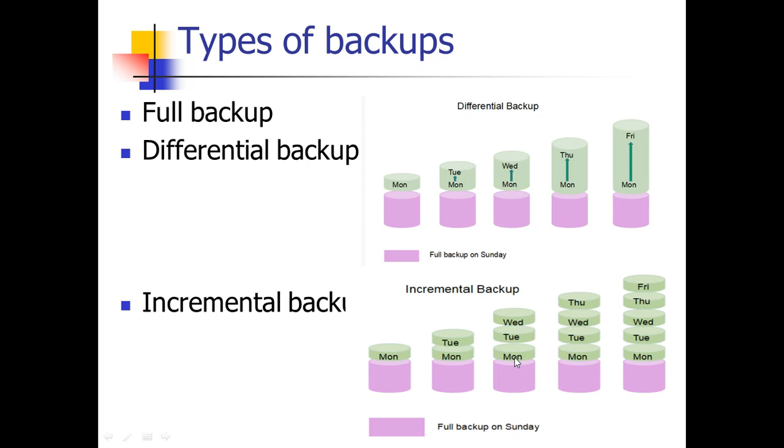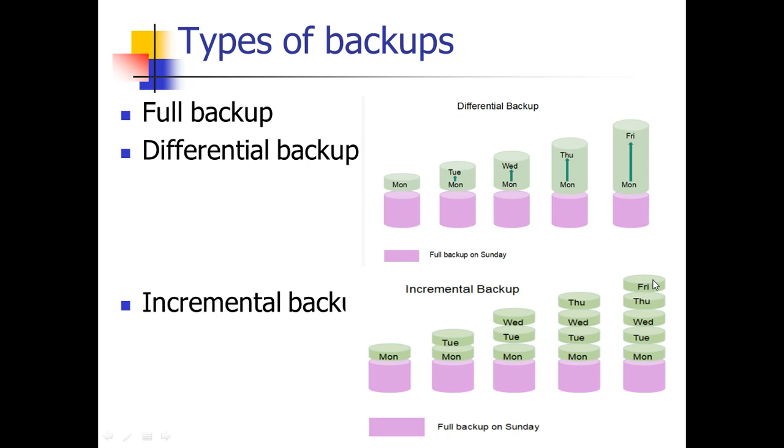Now the Monday and Tuesday files will be the same, only the Wednesday backup file will be included. Then on Thursday, the same thing will happen. All the files till Wednesday will remain the same, only the Thursday file will be added. And once this whole week's data is gathered, we will take a full backup.